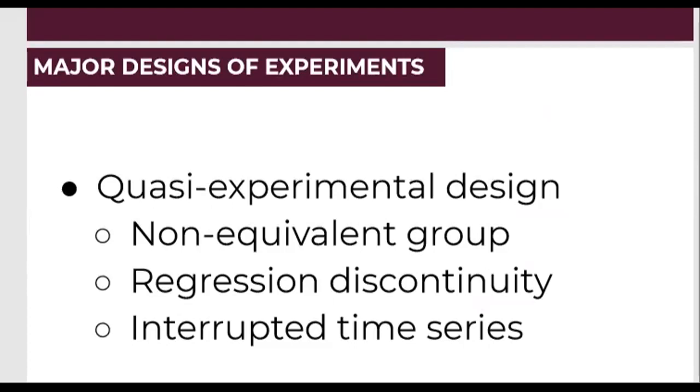It is called non-equivalent because we have the control and experimental groups, and this design does not randomly assign the subjects to conditions. So this has two different groups again, the treatment and the control, and the subjects have not been randomly assigned.